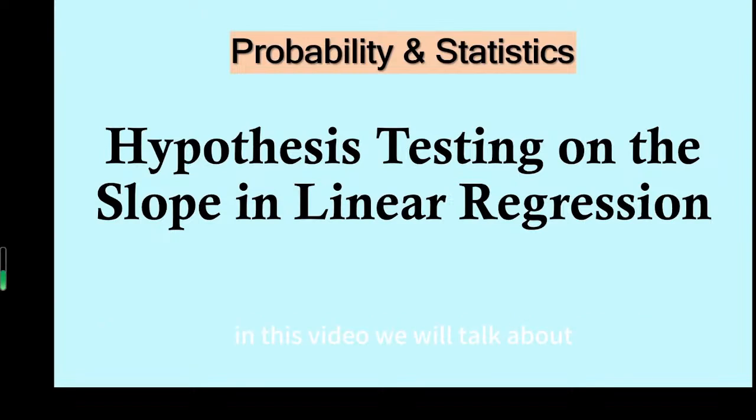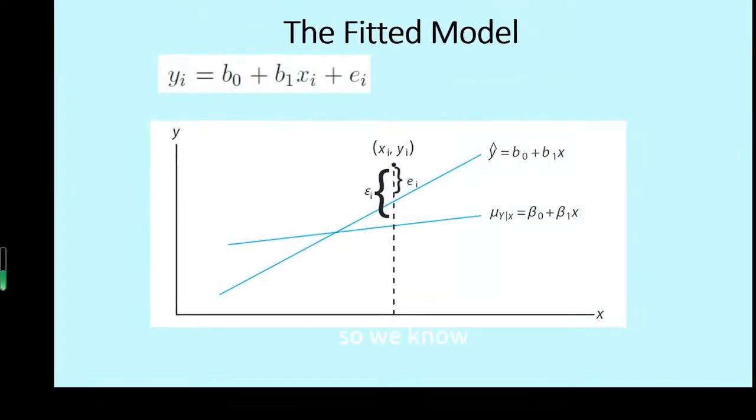In this video, we will talk about hypothesis testing on the slope coefficient in linear regression. In simple linear regression, it's a model to depict the relationship between y and x, where x is the independent variable and y is the observations or dependent variable.